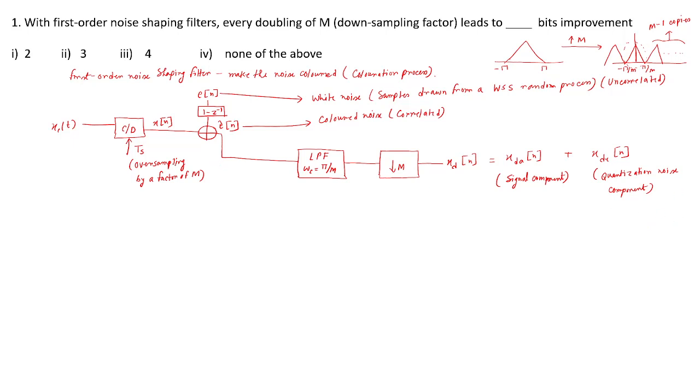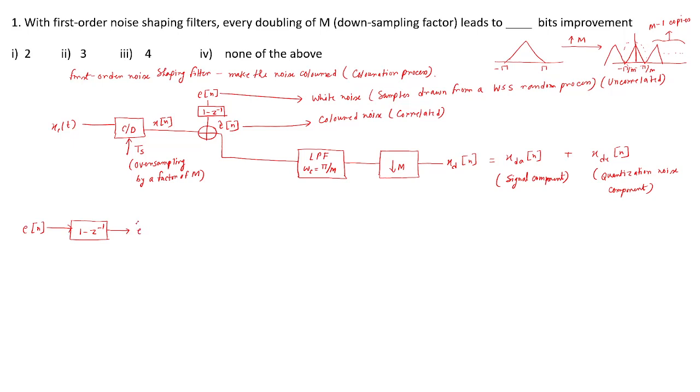By the way, let us see why we call it colored noise here, because we break down a relation a little bit. You are passing through this block 1 minus z inverse. This corresponds to your e of n reaching the receiver intact, and z inverse means it's a delayed version.